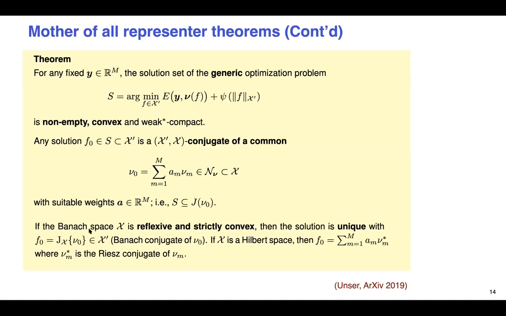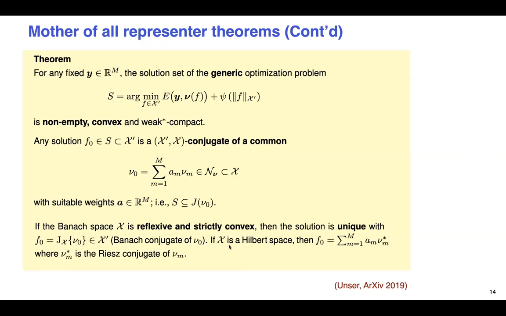Now, the case of interest is that if the Banach space is reflexive and strictly convex, then the solution is unique, and it's actually the duality map of this. This really defines the solution manifold, which is of dimension m, where m is the number of data points.